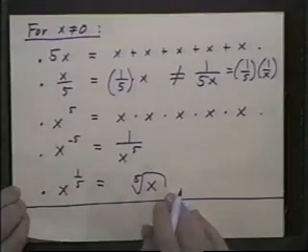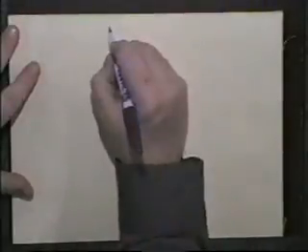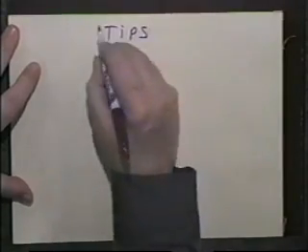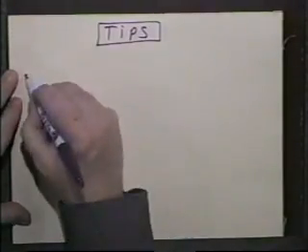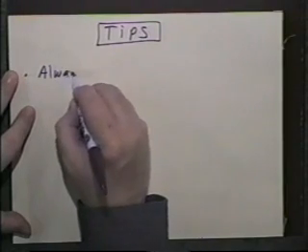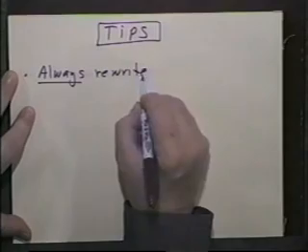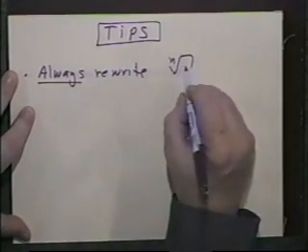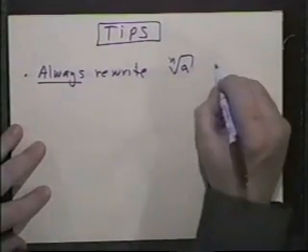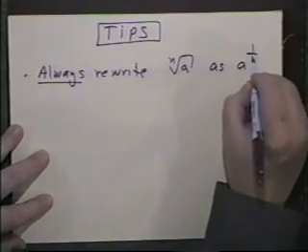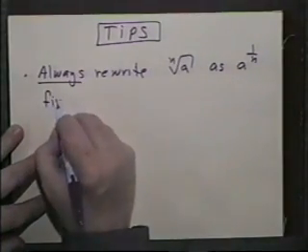Now some tips, and then you'll have a chance to practice on your own. Tips. You'll want to jot these down. Always, another one of my always remarks, always rewrite the square root or the nth root of a as a to the 1 over n. First.